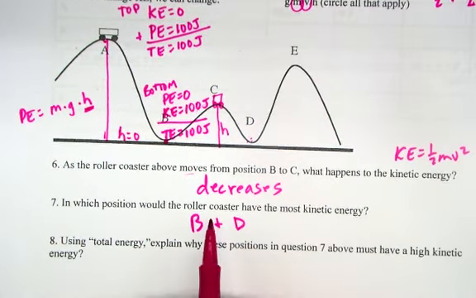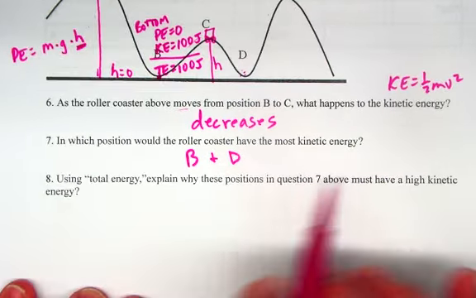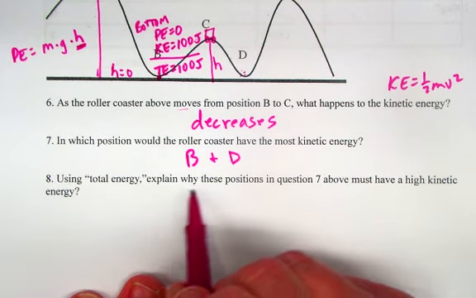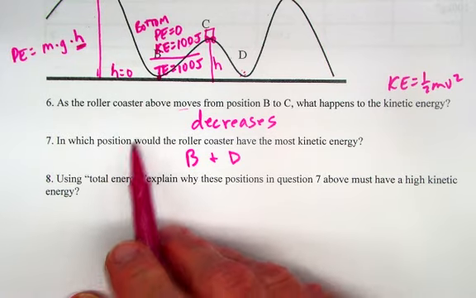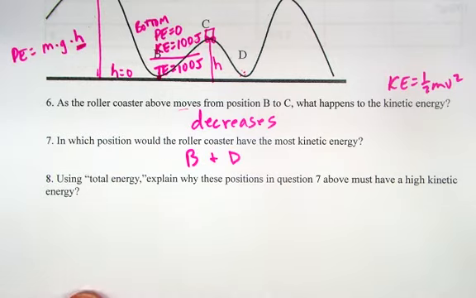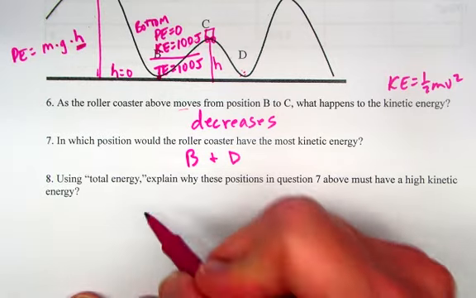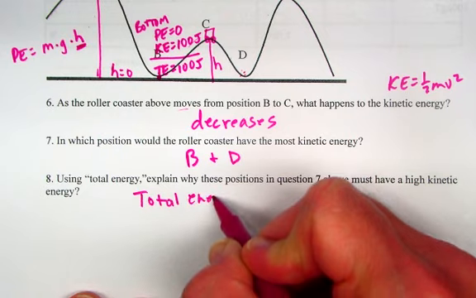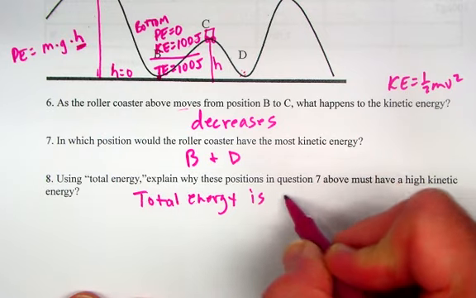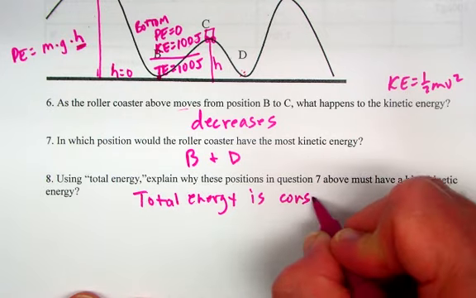And lastly, using that total energy explanation, explain why these positions in question 7, B and D, must have the highest kinetic energy. So we're just going to put this in words. We're going to say total energy is conserved. That means it stays the same.